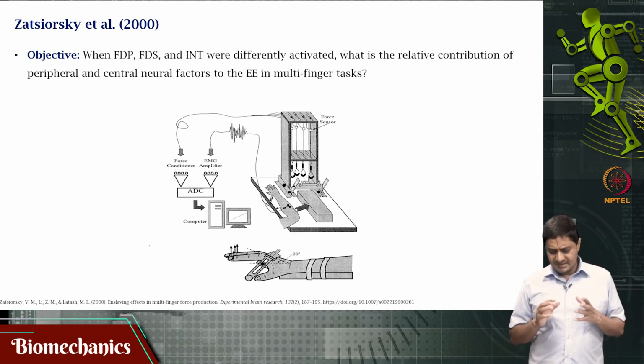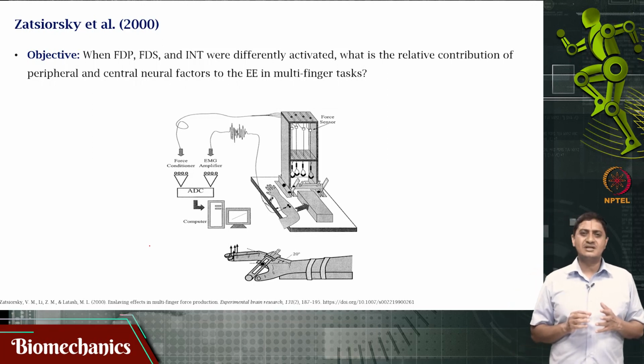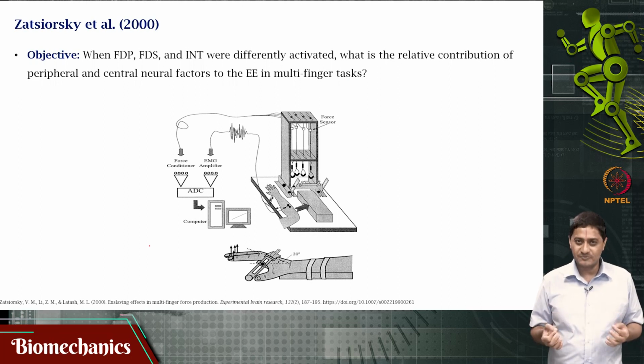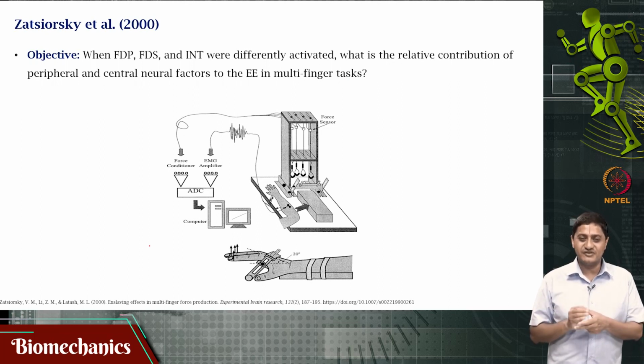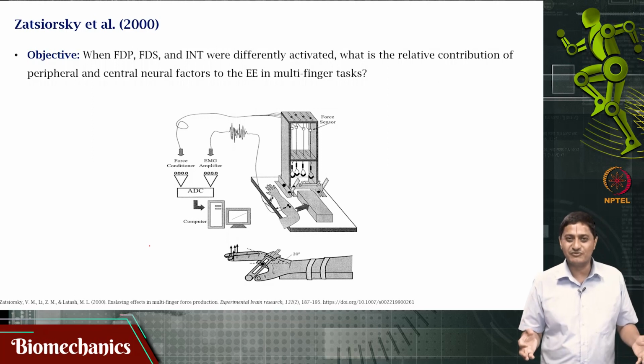Remember, this kind of experimentation requires a relatively deep understanding of the anatomy and physiology. You need to know that these muscles supply differentially to the fingers. You cannot just measure the fingertip forces.